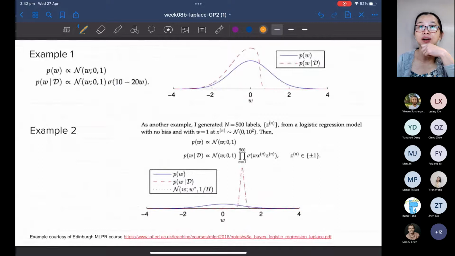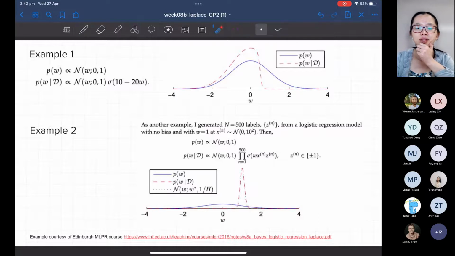It doesn't mean that the covariance is necessarily bigger in high dimensions, because the covariance of the data points can cancel each other out. So here's a picture to reinforce what we said, and also the point about the central limit theorem. Here's a prior of a one-dimensional weight, which is standard Gaussian. And here's a posterior of this weight vector given data which is only one dimension, 10 and minus 20.